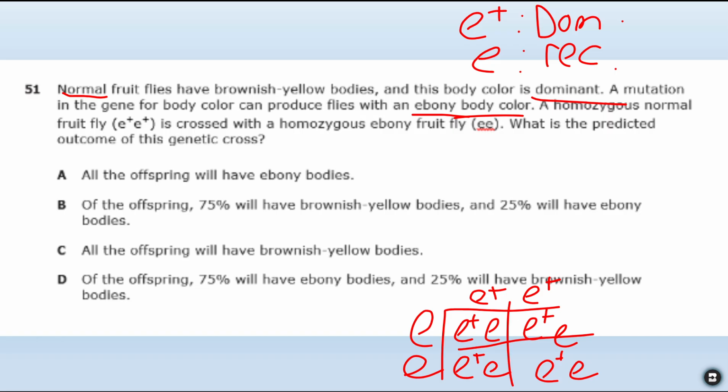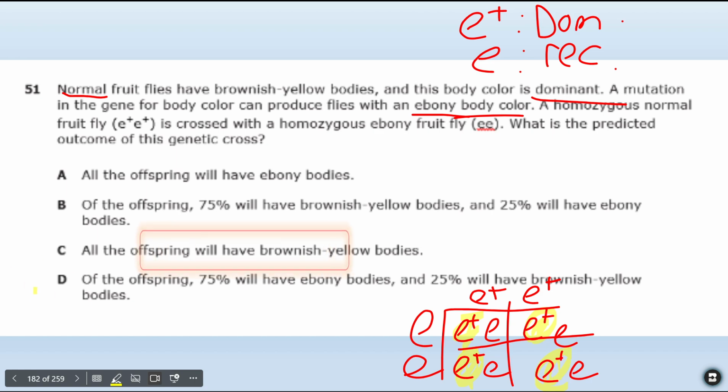So taking a homozygous dominant fruit fly, mixing it with a homozygous recessive fruit fly, should show that each potential offspring has a chance of containing that dominant allele, meaning that all of the offspring will have the normal trait.